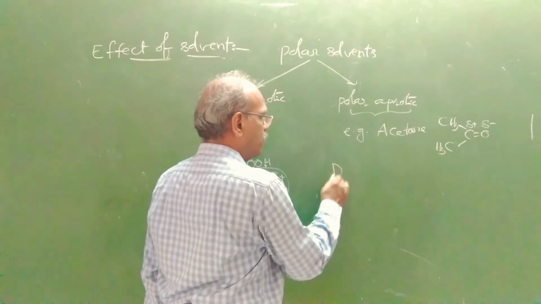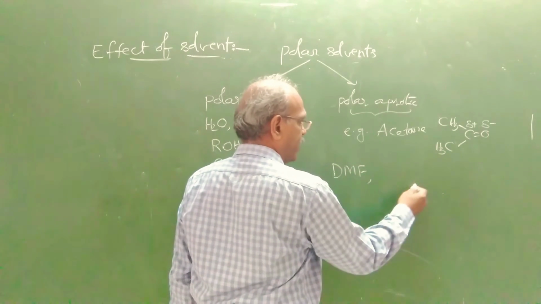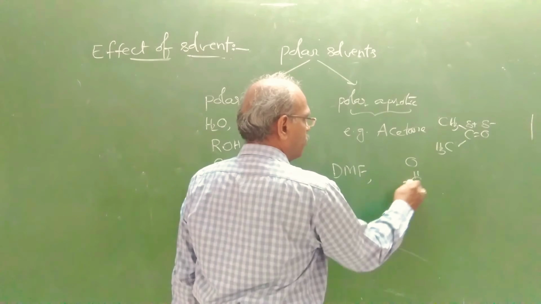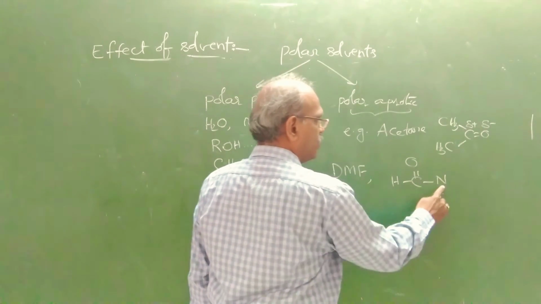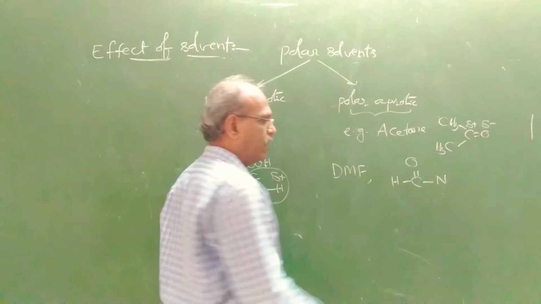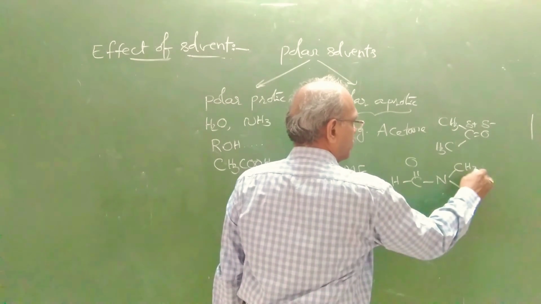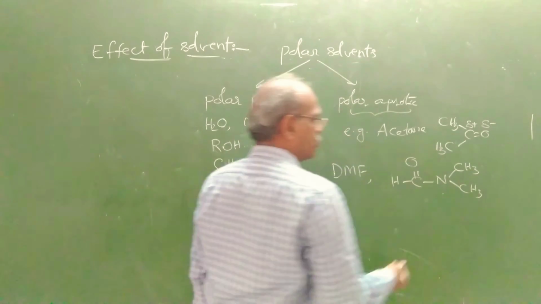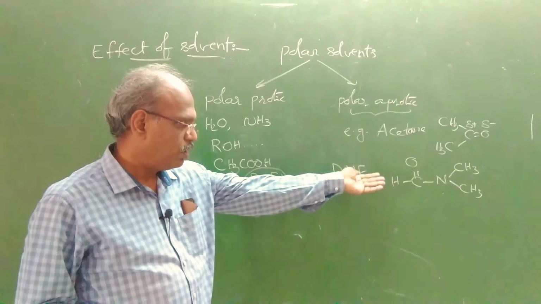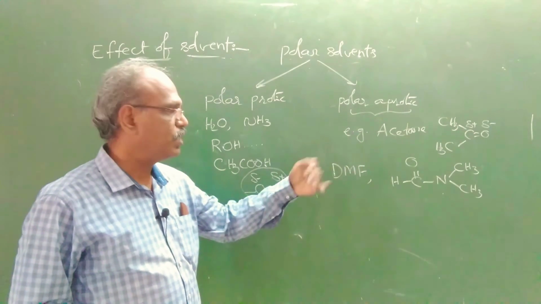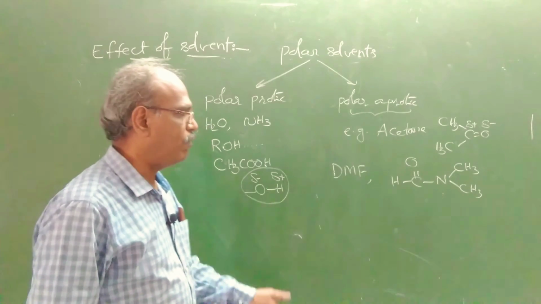Or DMF, dimethyl formamide. See, formamide is related to formic acid amide; if it is NH2, that is formamide. In dimethyl, two hydrogens are replaced by two methyls. There is no protic hydrogen, but this is polar. Such solvents are said to be polar aprotic solvents.